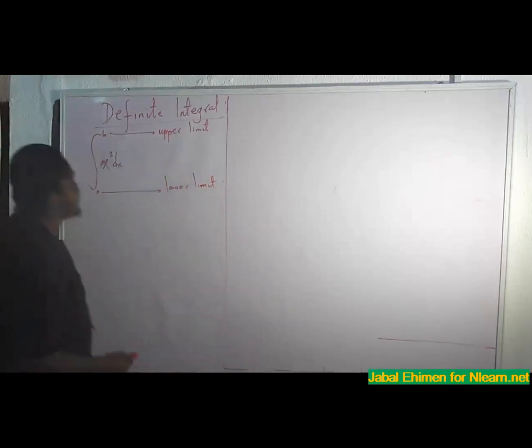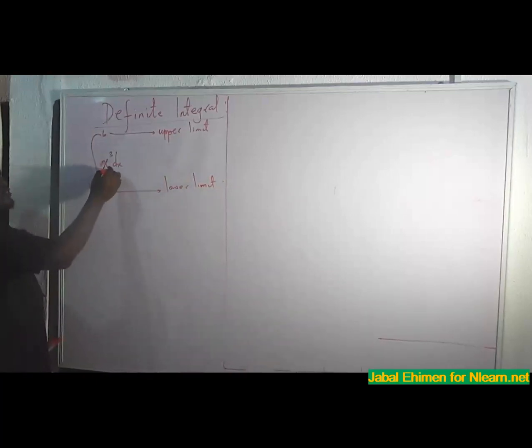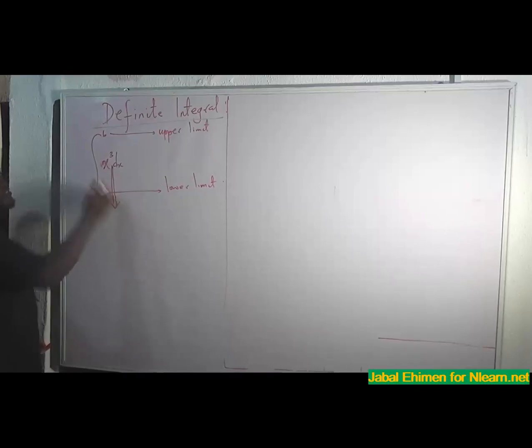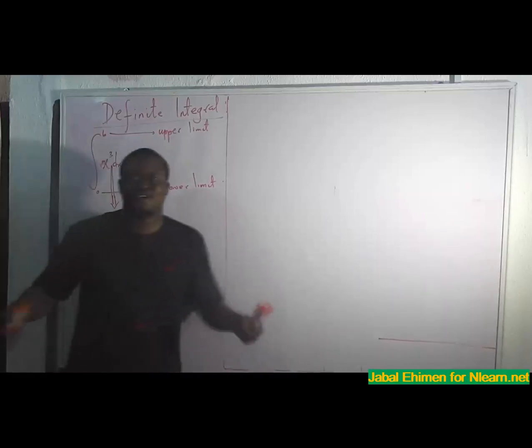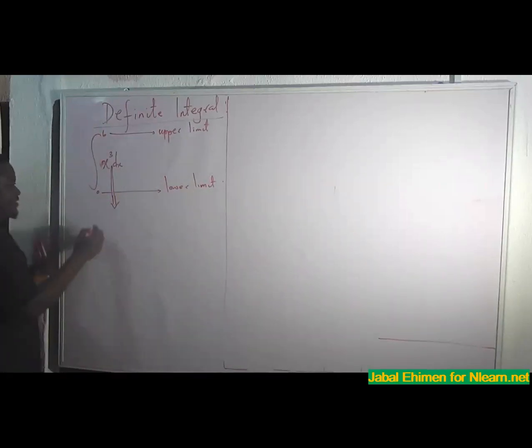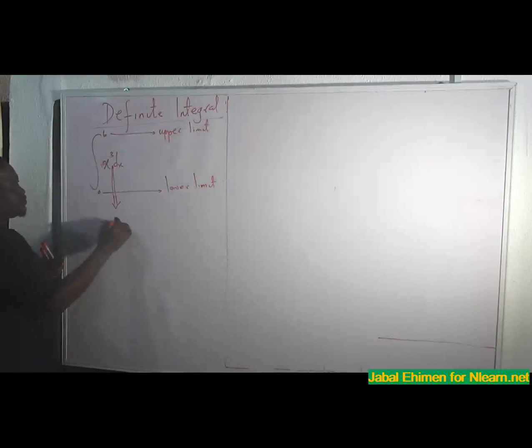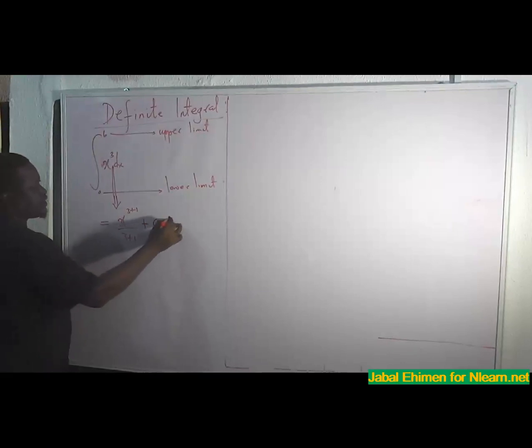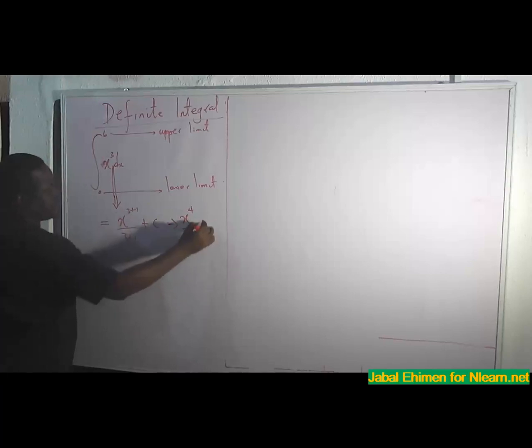So by the time you express this integral, for example, let's bring this integral out. By the time you express it, you will understand that integrating this will give you something of this nature: x to the power 3 plus 1 over 3 plus 1 plus c, which finally becomes x raised to power 4 divided by 4 plus c.